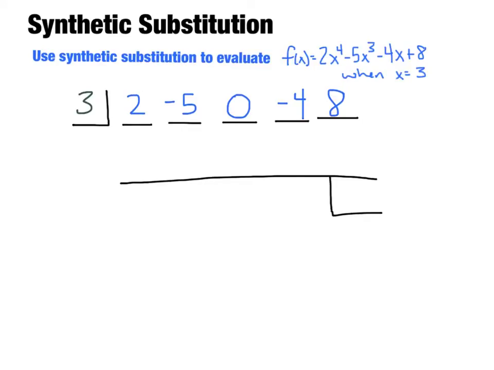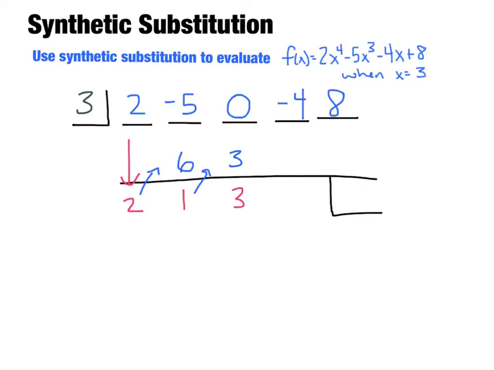Alright, so this next part takes a little bit of practice to get down, but once you do it enough times, you'll memorize it. The first number drops down, 2. We multiply 2 times 3. The multiply step of 2 times 3 gives me 6. And then I just add negative 5 plus 6 is 1. Just repeat the steps over and over. 1 times 3 is 3. 0 plus 3 is 3.